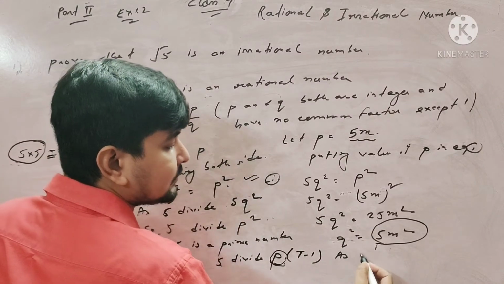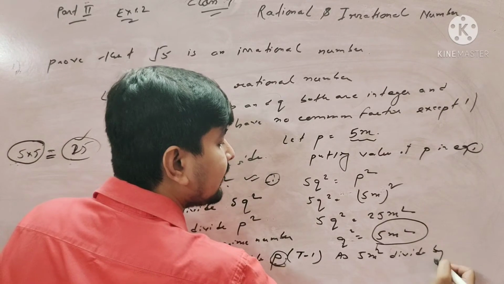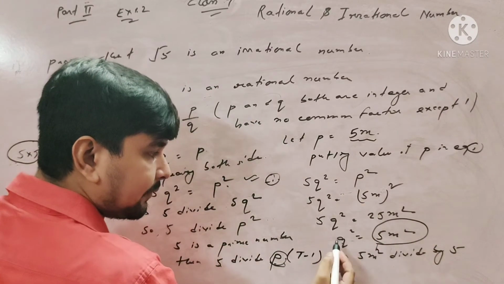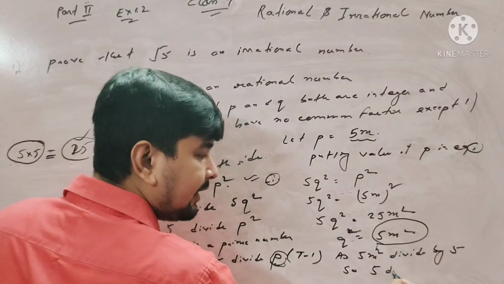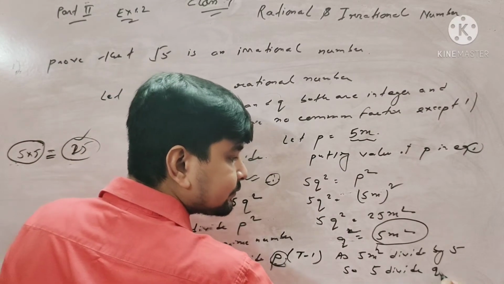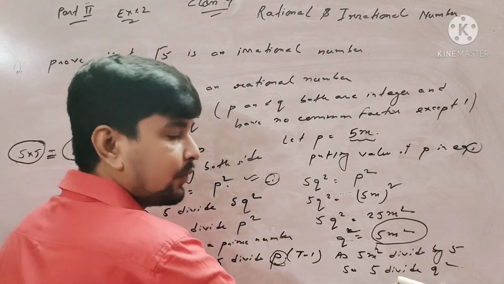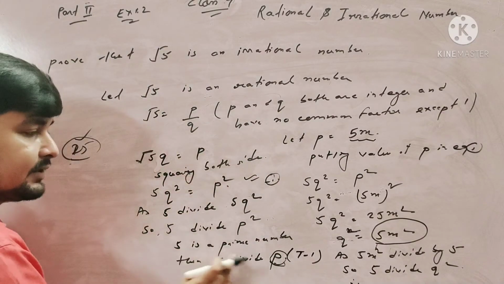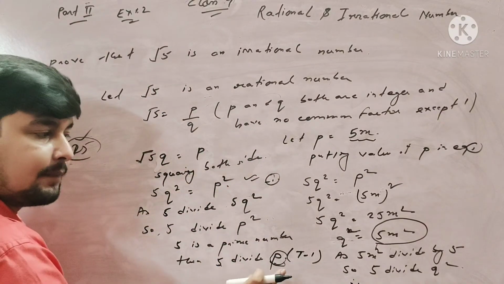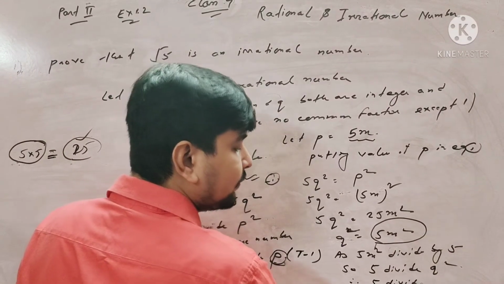So as 5m square is divided by 5, that means 5 divides q square also, so 5 divides q also. Since 5 is a prime number, 5 divides p also. And 5 is a prime number, then 5 divides q.